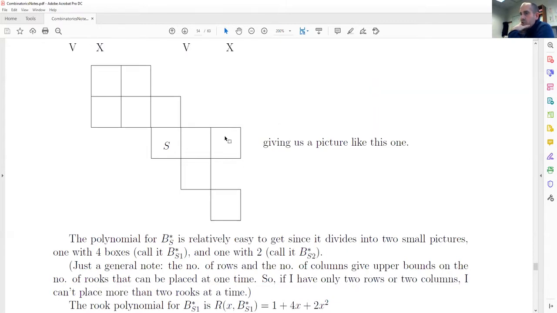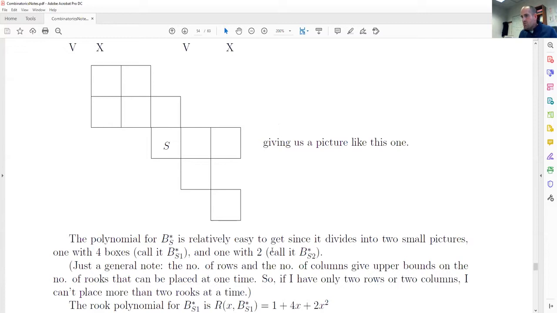So the Rook polynomial for BS star is easy to get since it divides into 2 small pictures. Okay, it's this group of 4 squares right here, which I'll call BS1 star. Okay, so that's these 4 squares right here.